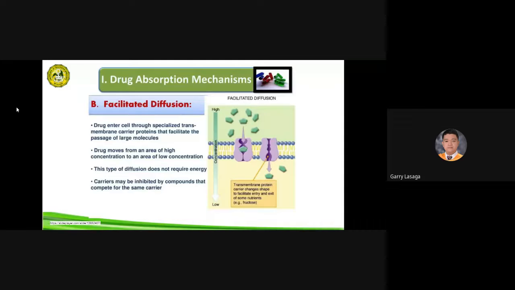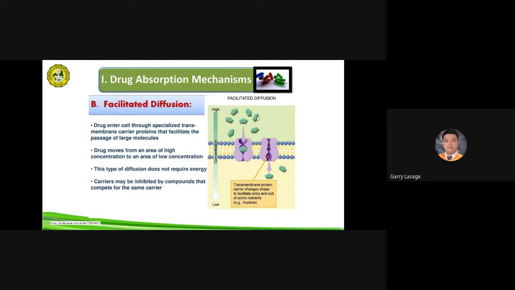So the main driving force for facilitated diffusion is the concentration gradient. So from an area of higher to lower concentration, that is the downhill movement of molecules for facilitated diffusion. In this case, this mechanism requires the presence of protein carriers or transmembrane proteins.